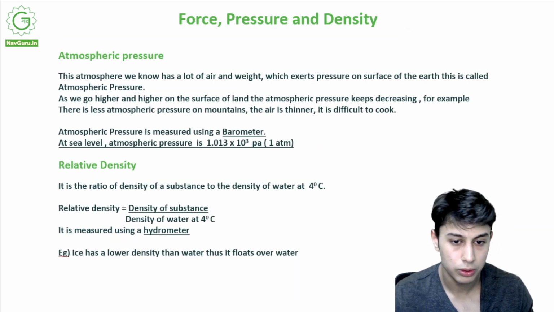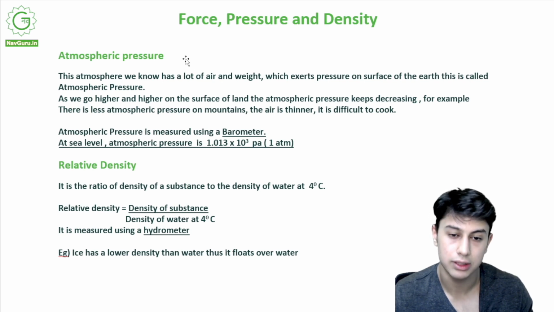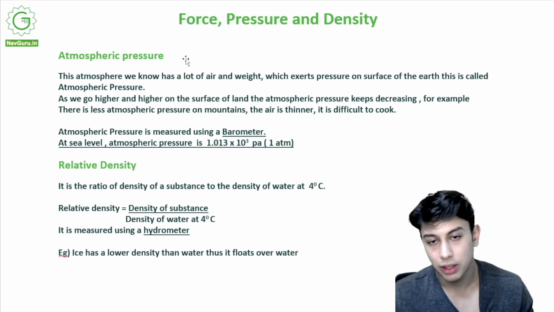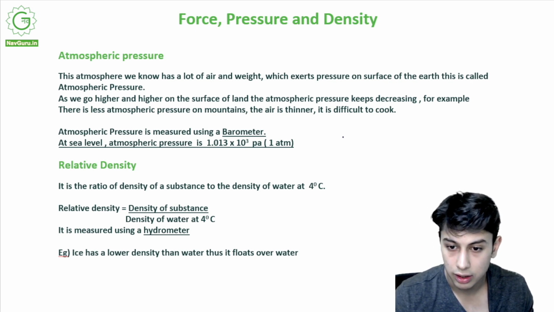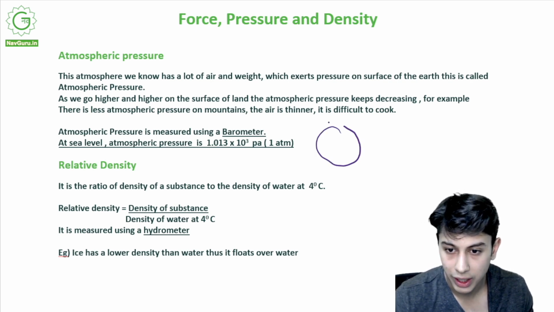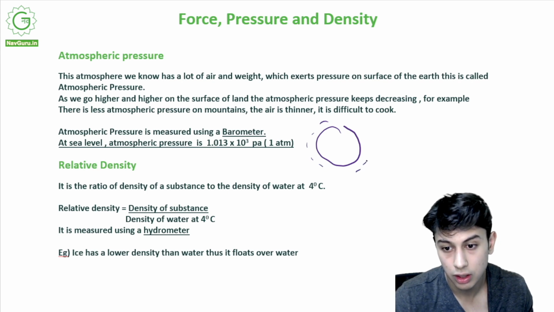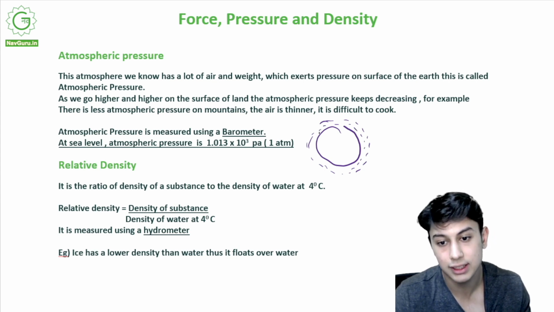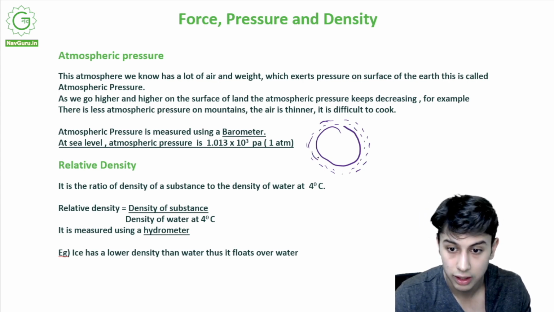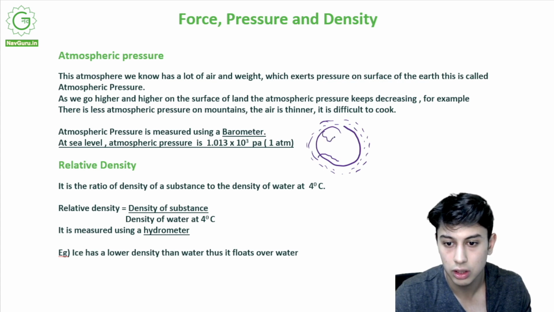Now we go to atmospheric pressure. We learnt about pressure, we learnt about density. On our earth we have atmosphere around. Atmosphere has a lot of layers, a lot of chemicals, gases, a lot of air.